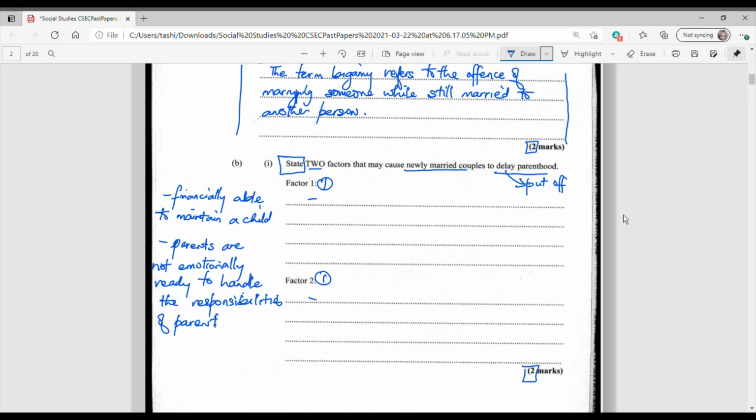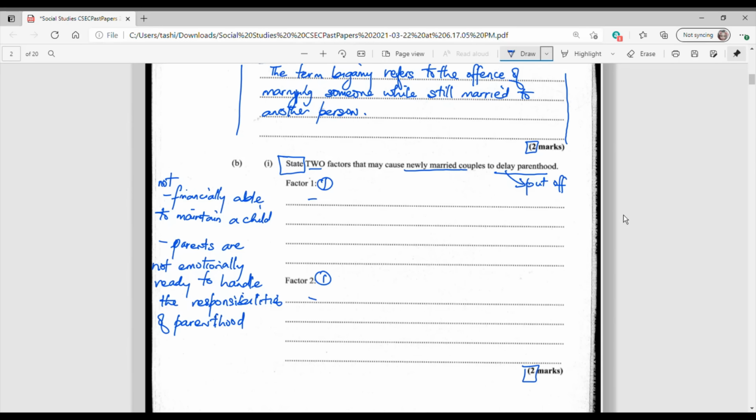All right, continuing. So financially able to maintain a child. Let me say not financially able to maintain a child, so they will put off having children. The parents are not emotionally ready to handle the responsibilities of parenthood. Also, it may mean that parents are not living in a situation that allows them to have children. It could also be a situation where the parents are sick.